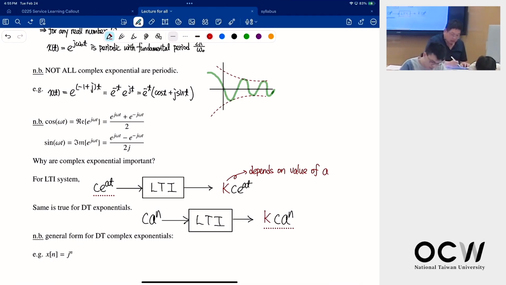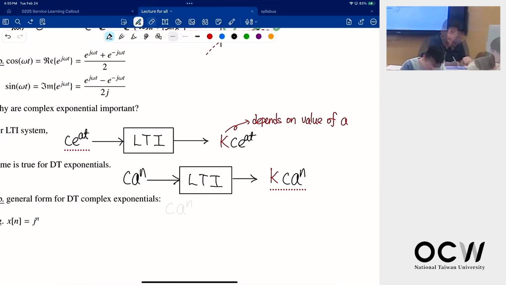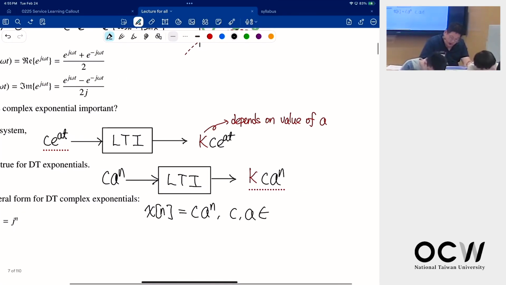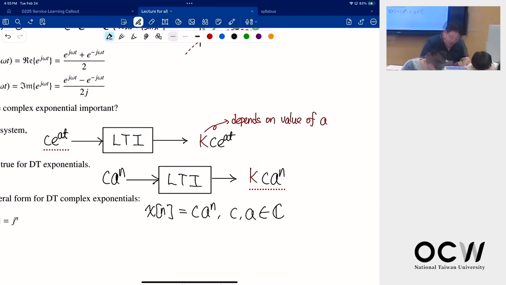And here we have our general form for a discrete time complex exponential. Our signal is c times a to the n, and the c and a, these two are complex numbers.